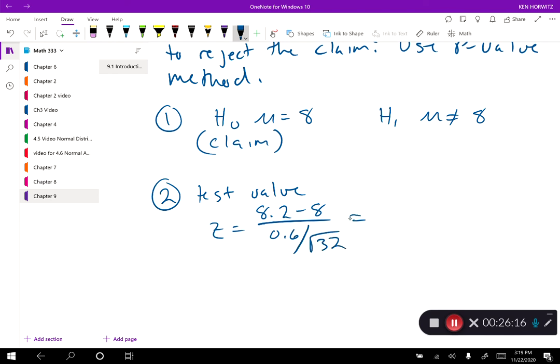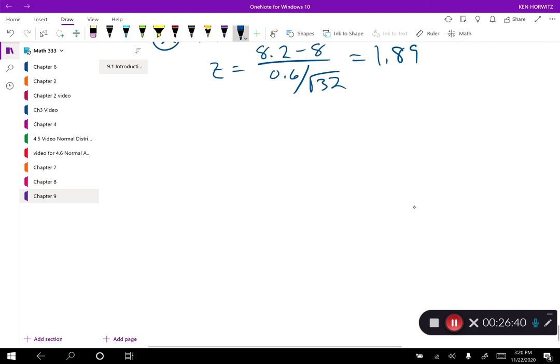Pause the video, get the value, and come on back. Hopefully you got 1.89, because that's what I got. So far, we're doing things fairly similar to the traditional method. Here's where we break. Third step, we're going to find the p-value.